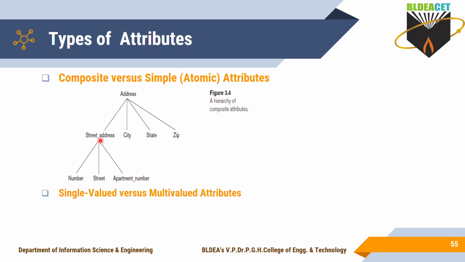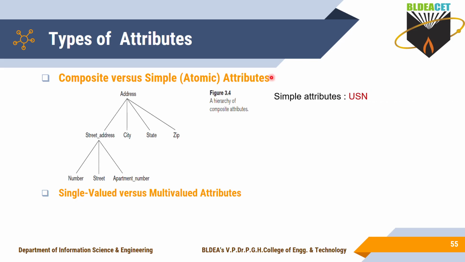And even street address can once again be subdivided into number, street and apartment. Attributes that can be divided further like this are called composite attributes. Dividing an attribute into sub attributes, if it is possible, makes it what? Composite here. Next one is the simple attributes.